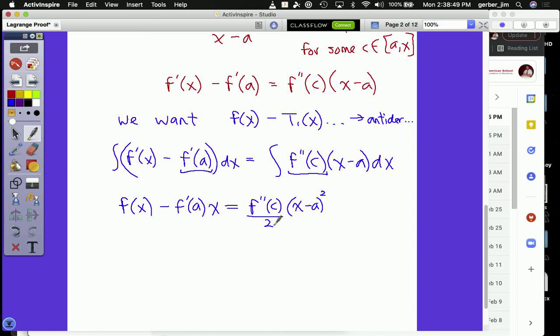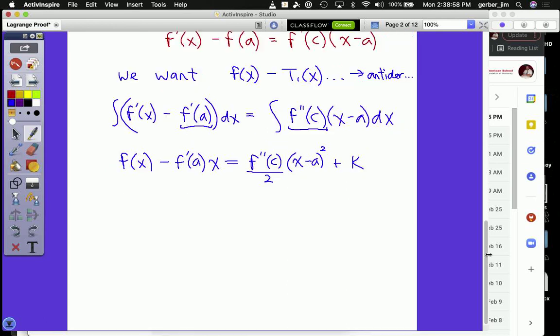So there's my antiderivative of that. And then, of course, I need a plus k. I'm going to use k for my constant instead of c because I'm already using c as the value where I'm getting the Lagrange value. So I don't want to confuse it with additional c's.